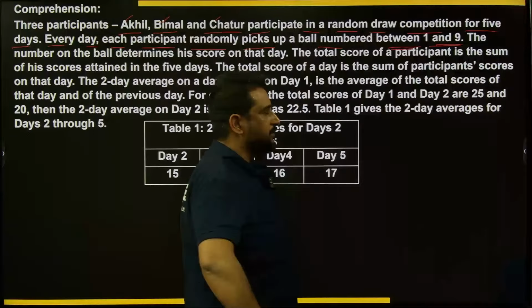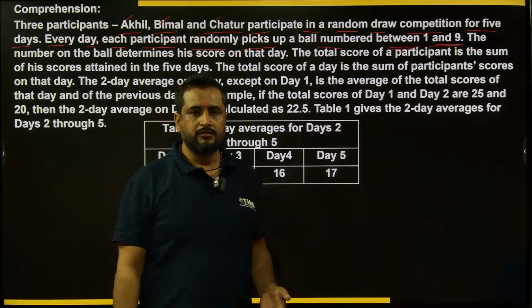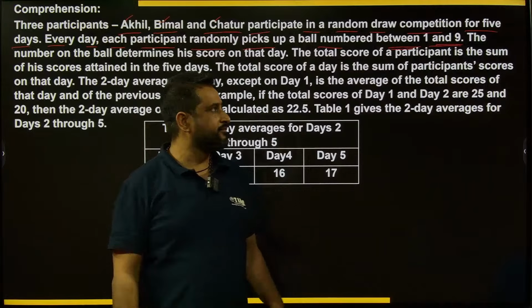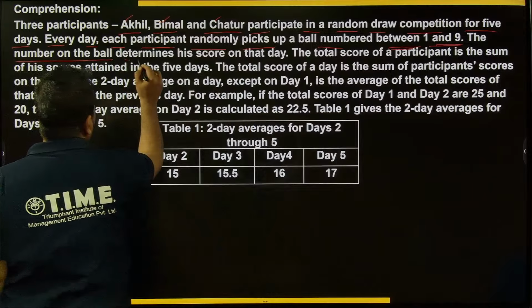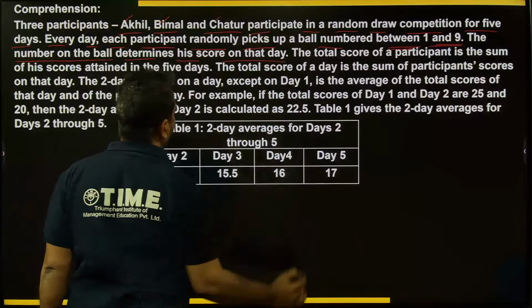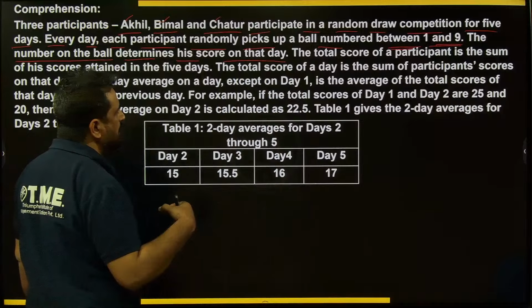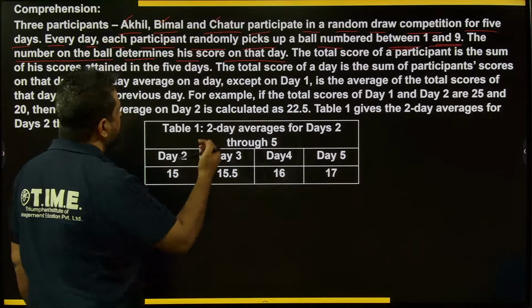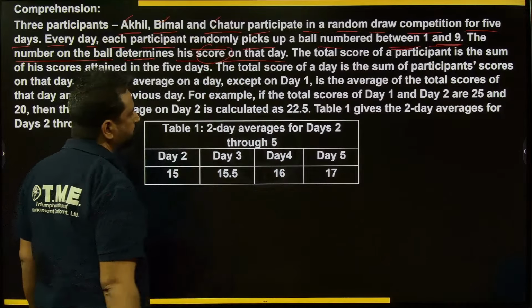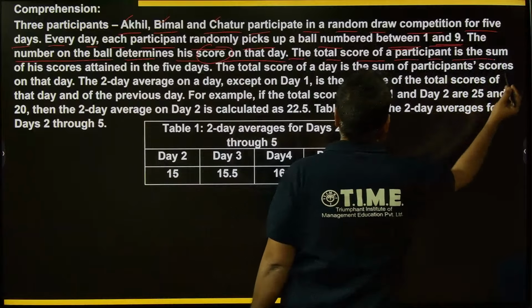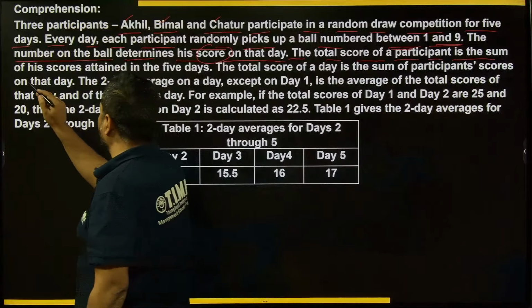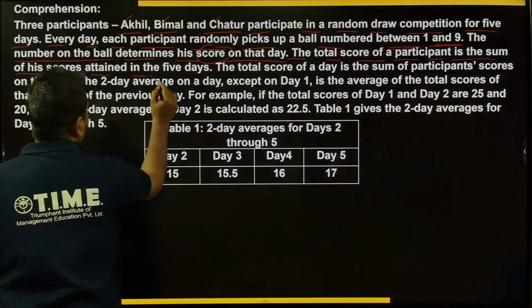Okay. Now here it is given between 1 and 9. Generally, until stated it is exclusive, always you can consider it as inclusive. Okay. Next, what is given? The number on the ball determines his score on that day. Okay. He picks a ball and the number on the ball should be considered as a score on that day. Next, the total score of a participant is the sum of his scores attained in the 5 days.